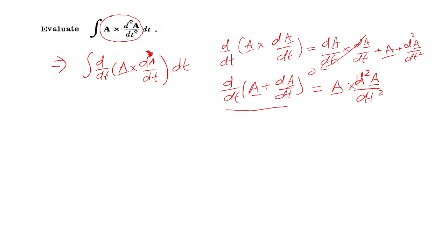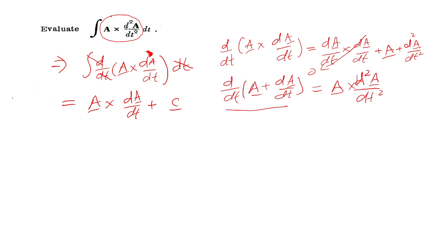Okay, so what we have, this dt will cancel with this one and this integral will cancel with the differential, so that gives me a cross dA/dt and plus some constant of integration. So that is a constant.